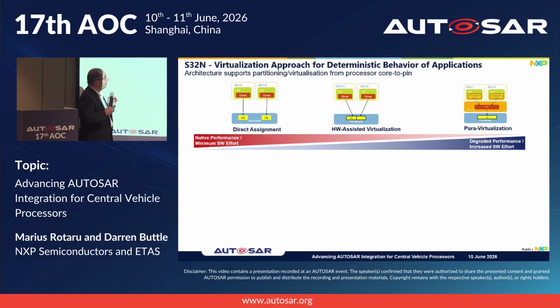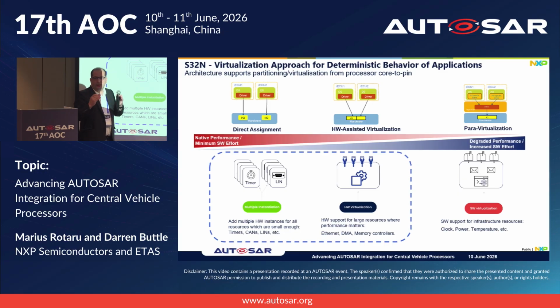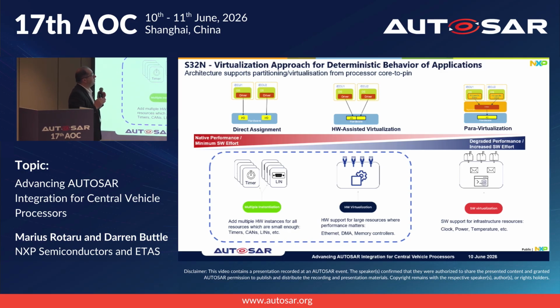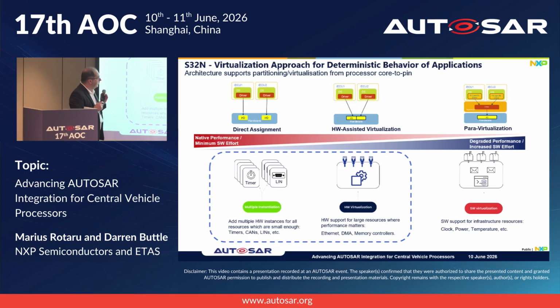We created a single hardware IP with multiple host interfaces, which provide the same services to various ECUs. This is hardware-assisted virtualization. And of course, in some cases, when we can have neither hardware-assisted virtualization nor direct assignment, para-virtualization helps.